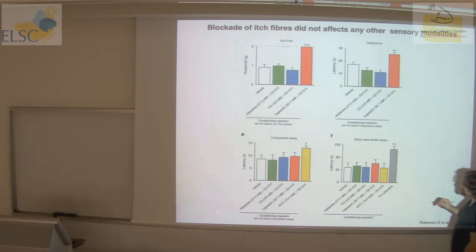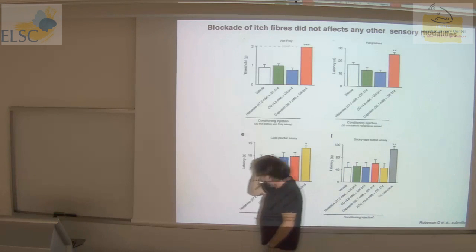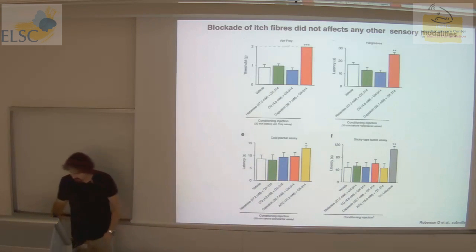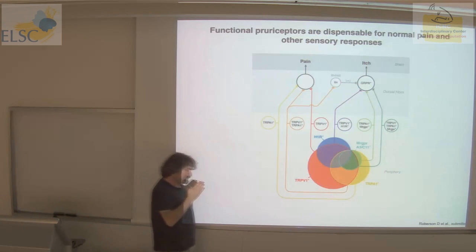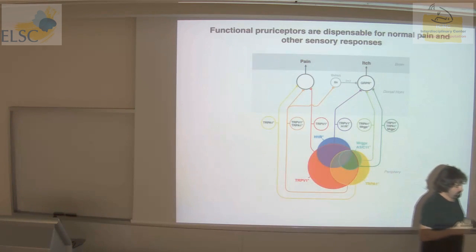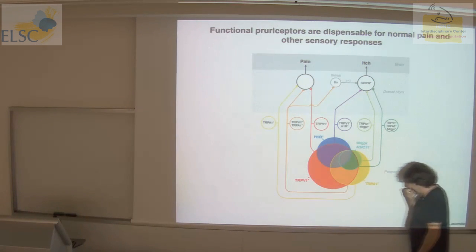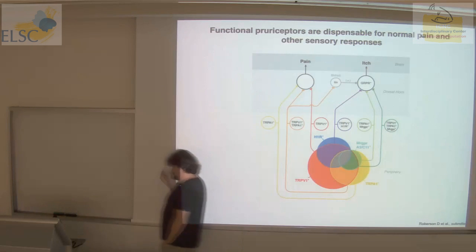And application of histamine QX and chloroquine QX, blocking all itch sensation, did not affect these kinds of behaviors, while lidocaine did. What we can suggest from here is that pain and itch are transmitted by separate labeled lines, and there is some convergence, and we know there is some convergence in the dorsal horn. Okay? So now let's go back to pain.